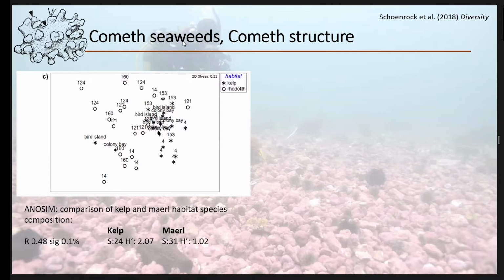If we look at cores for the rhodolith beds and the kelp forest, again, the kelp forest cores have to be done in sand. They also partition out quite nicely. So you have your asterisks and you have your circles kind of over here.